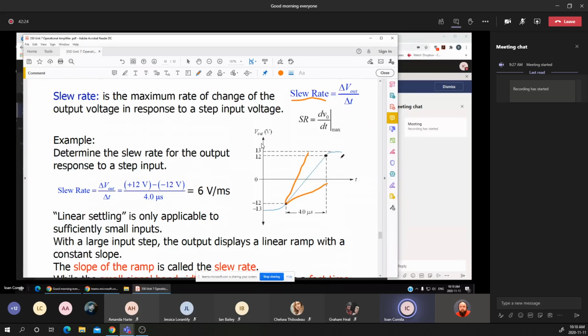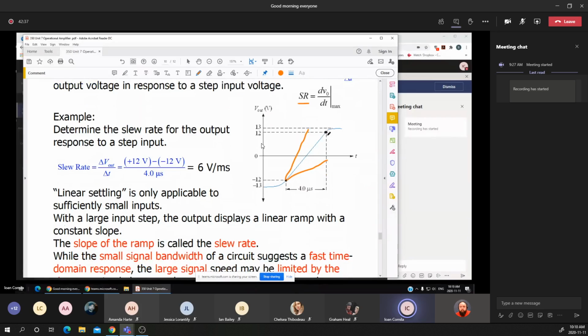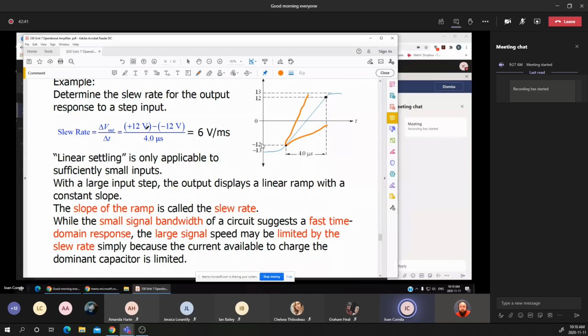That response time is actually the slew rate, and in the specs of the op-amp can be defined as dV0 to dt, and that's the maximum response time. And that's the example that I use to make a practical example.